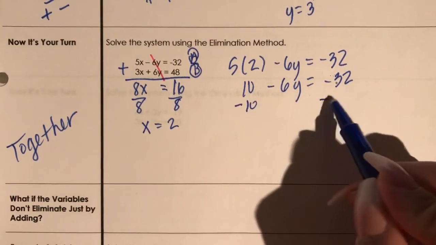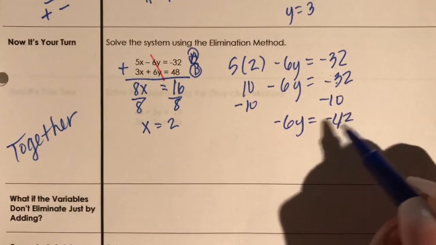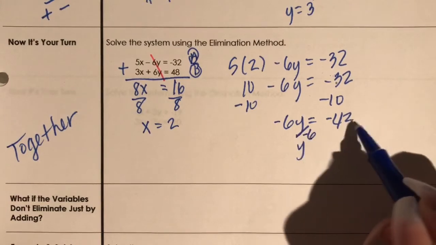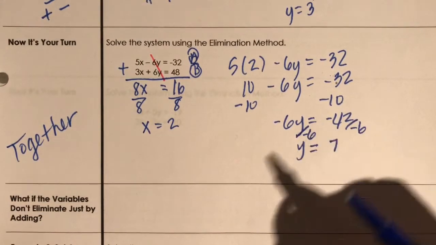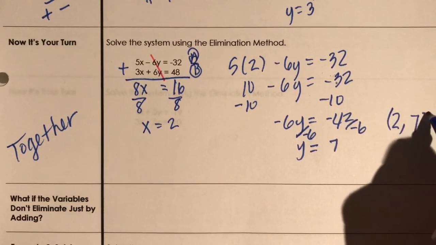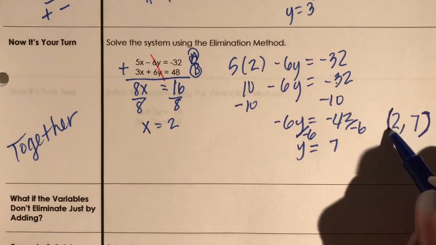Minus 10, negative 6y equals negative 42. Y, divide by negative 6, divide by negative 6. Y equals 7. My solution is going to be (2, 7). That's a soft parentheses because this is an ordered pair.